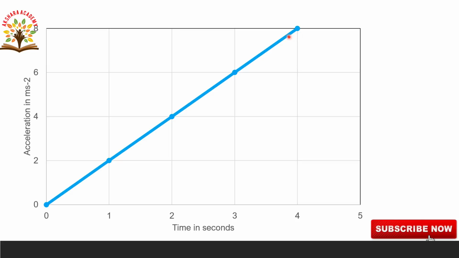So from this graph we can conclude that the body is moving with variable velocity and variable acceleration.